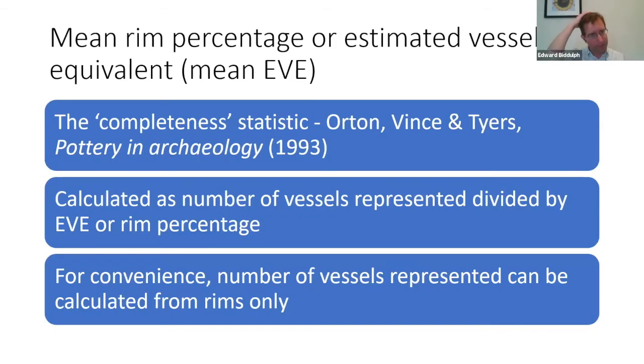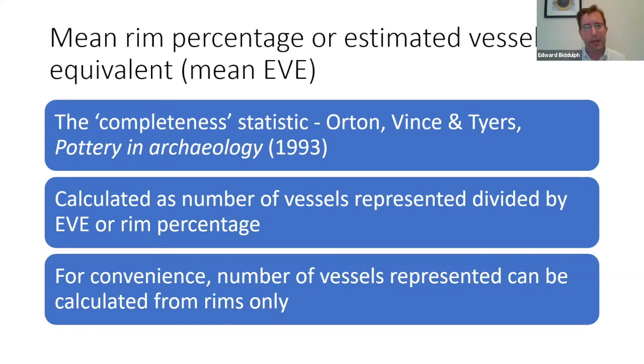Now we can do the same thing with the estimated vessel equivalent measure, or EVE. Again, most of you will be familiar with this, but it's perhaps less widely applied than mean sherd weight. This is the completeness statistic that Clive Orton came up with, and it's explained in Orton and Hughes's Pottery in Archaeology, and of course the newer edition of that.